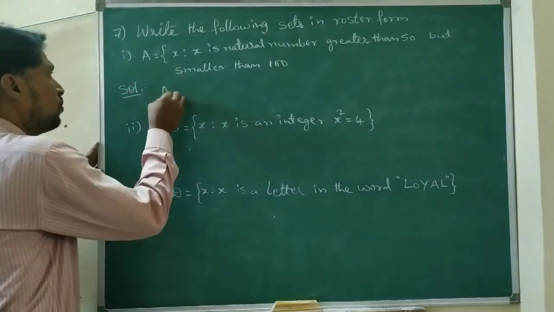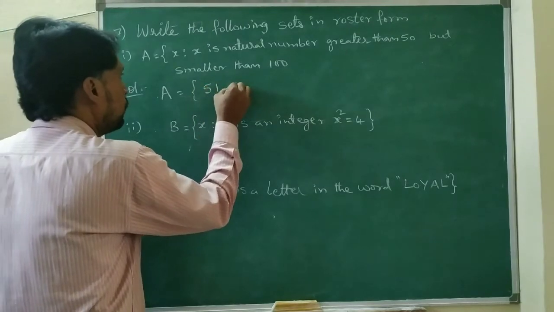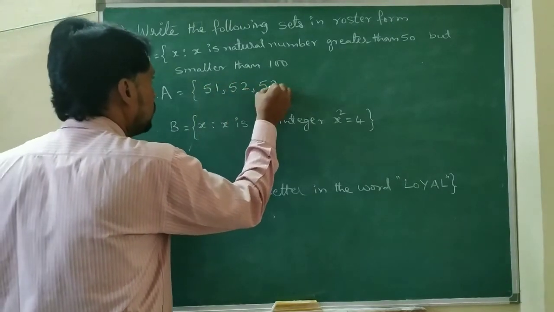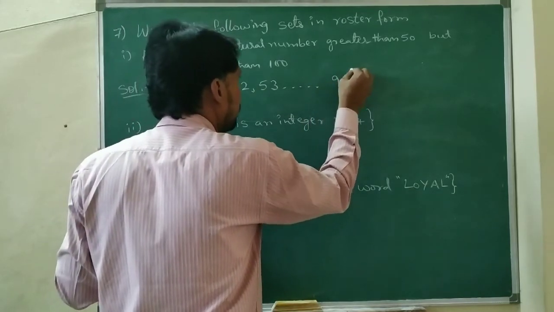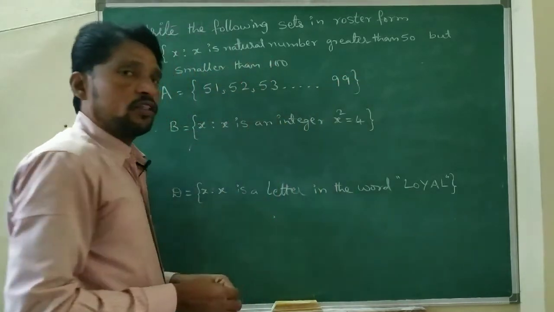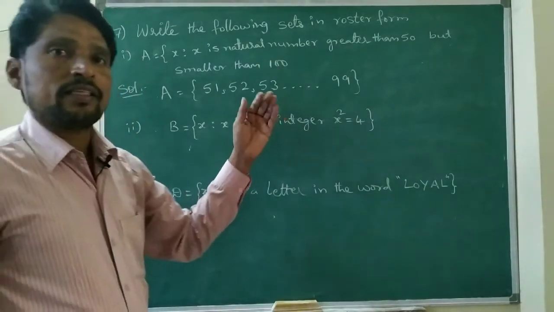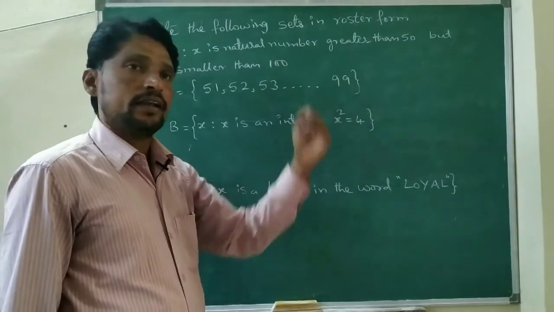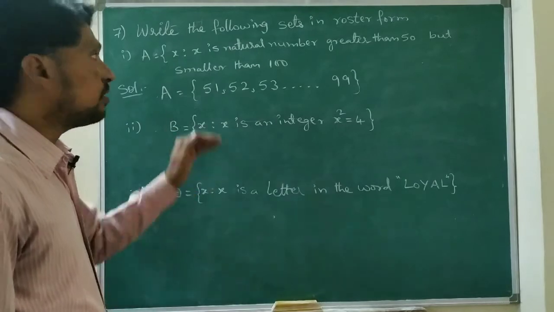So A equals the set of 51, 52, 53, and so on. Up to how many can we take? 99. Smaller than 100 means less than 100, so don't consider 100 here. That is the first one, the roster form.